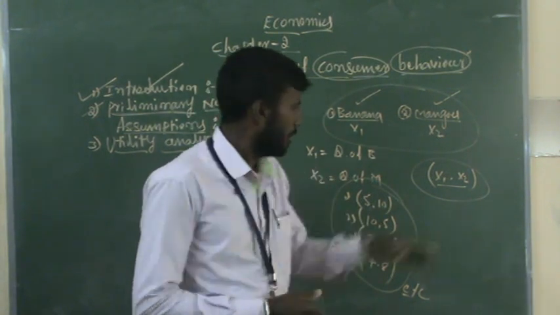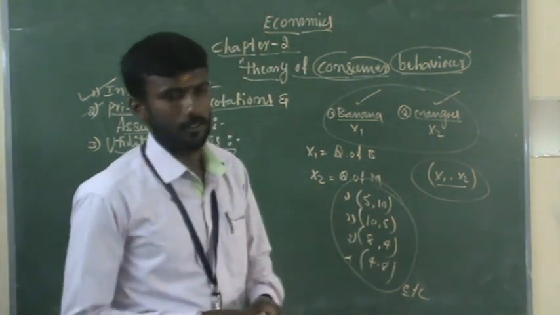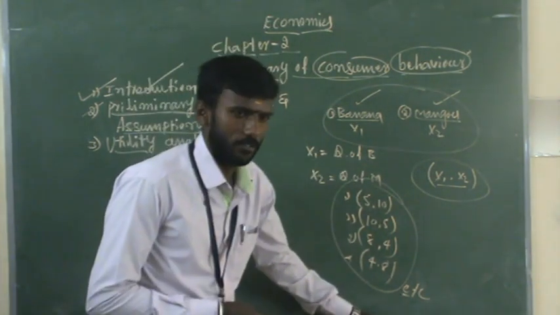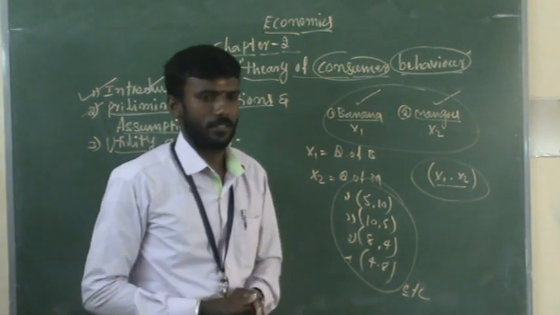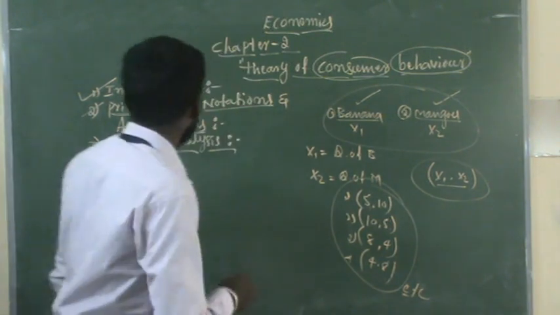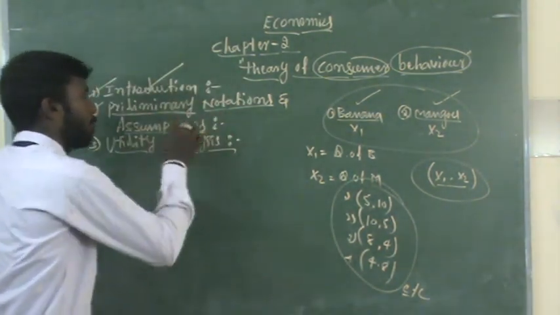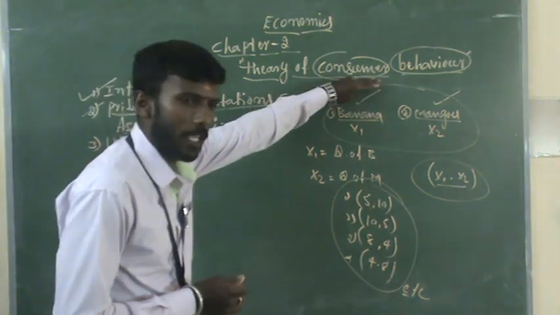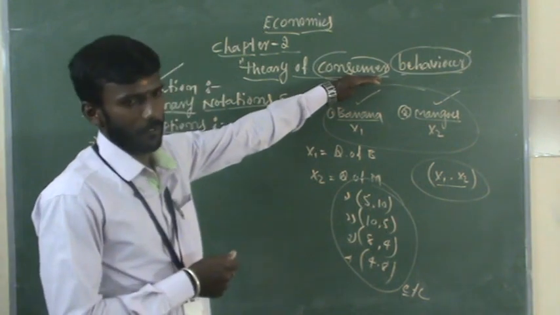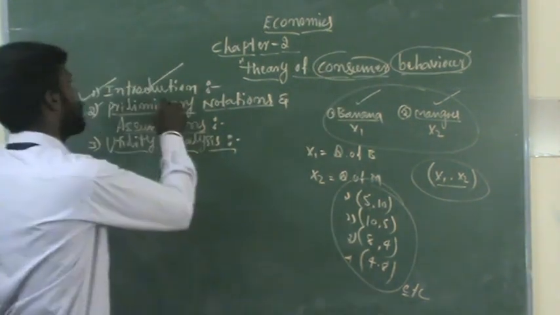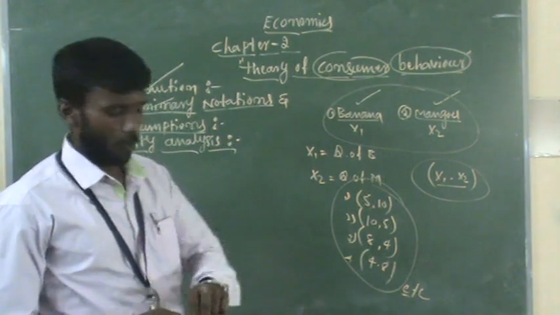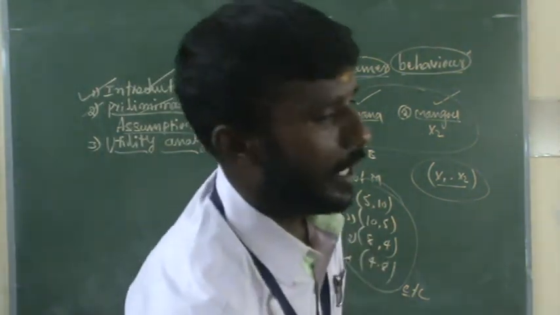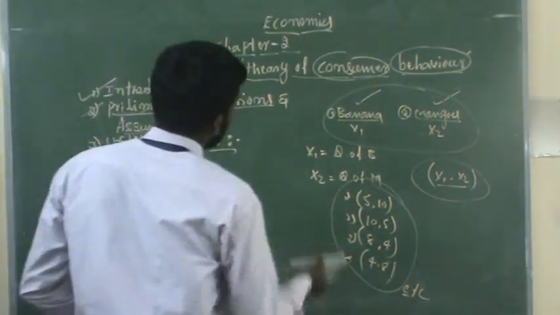All these concepts will come in the next classes. So like that, by making these preliminary notations and assumptions, we explain and analyze consumer behavior. So this is the second sub-concept, that is preliminary notations and the assumptions.